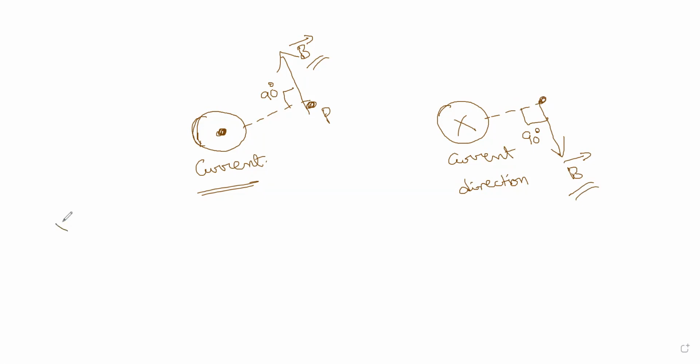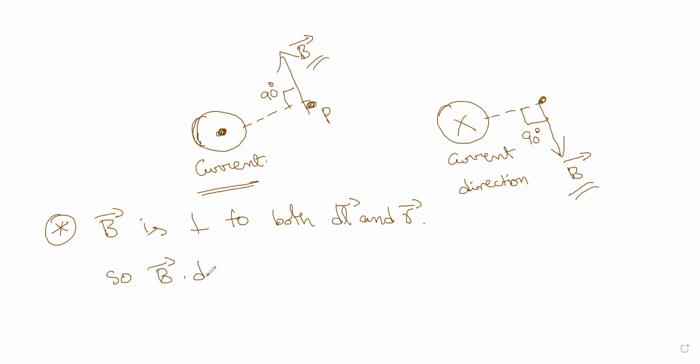And now a very important point. B bar is perpendicular to both DL bar and R bar. Very important. So B bar dot DL bar is equal to 0, and B bar dot DR bar, or R bar, sorry, here in this case it's R bar.